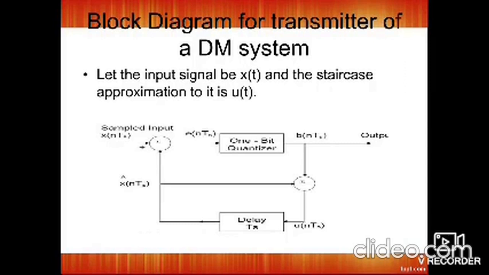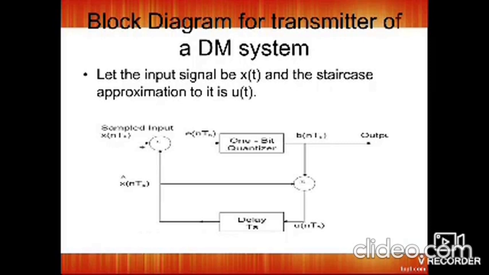The difference between these two signals is considered as the error signal, noted as e of nTs. From this diagram, the equation can be written as e of nTs is equal to x of nTs minus x cap of nTs. This error signal is given as the input of a 1 bit quantizer. The 1 bit quantizer compares the input every time to plus delta or minus delta.